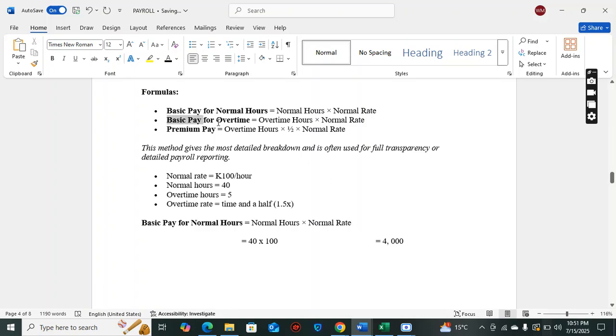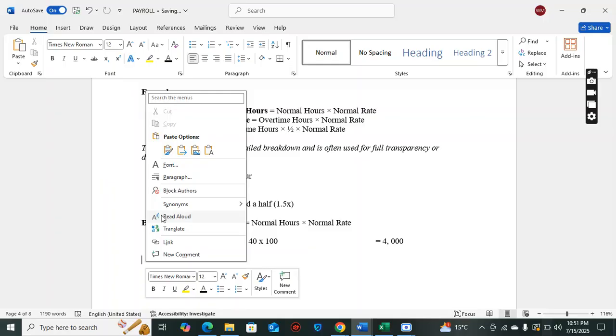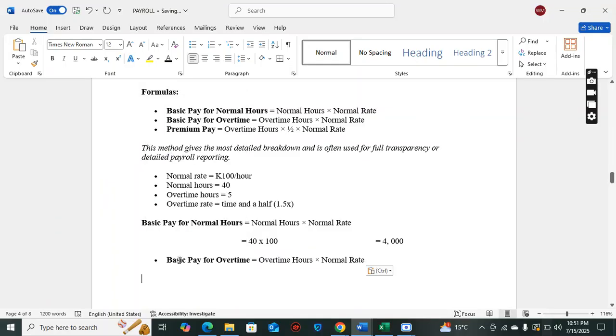Next, we get the basic pay for the overtime. The overtime hours times the normal rate. So the overtime hours, 5 hours times the normal rate, 100 kwacha. That is 500 kwacha.